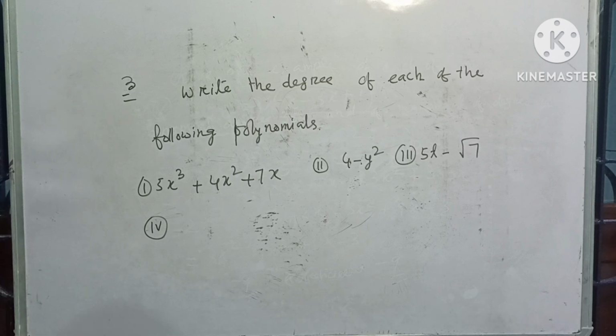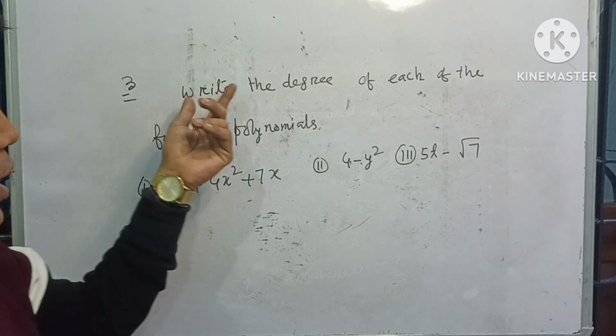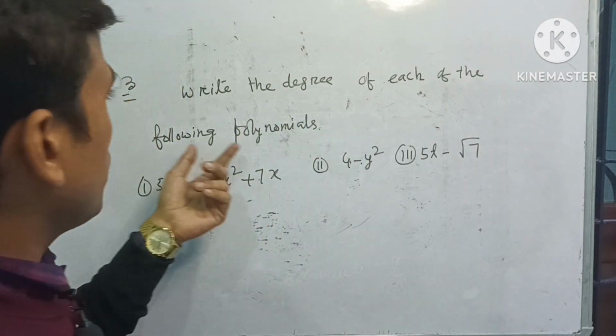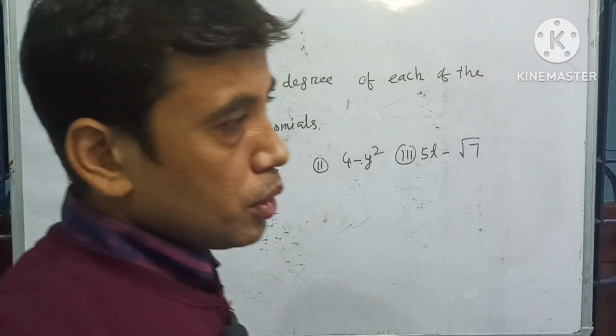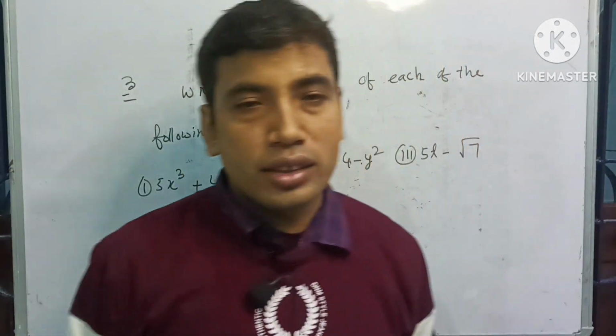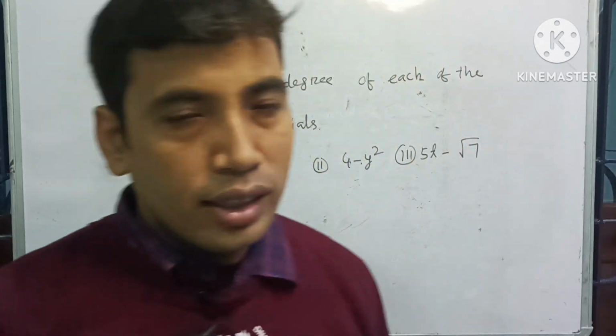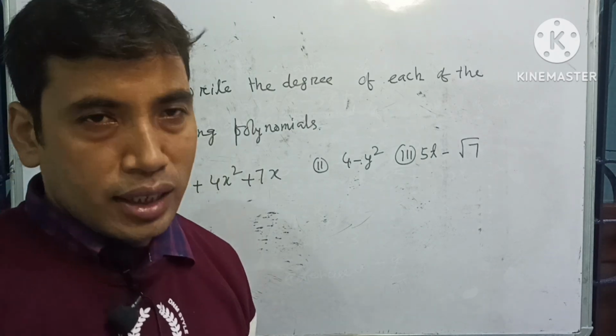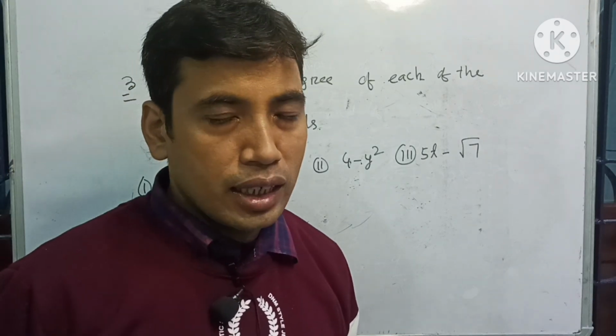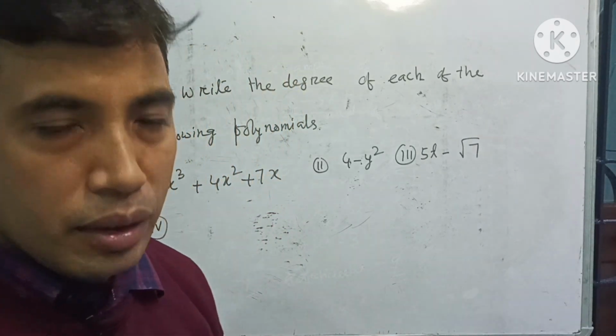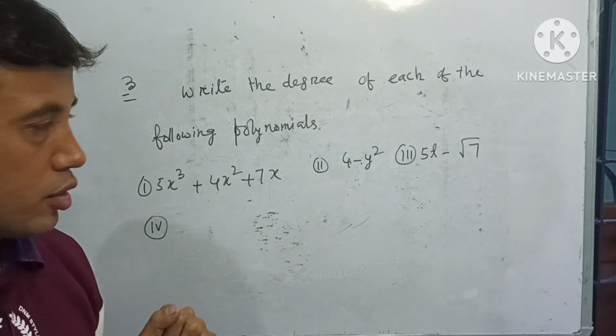Now see example 3. What is given? Write the degree of each of the following polynomials. I have already discussed that the degree of a polynomial means the greatest exponent of the variable in that expression.